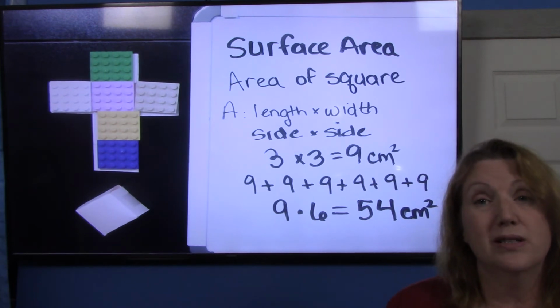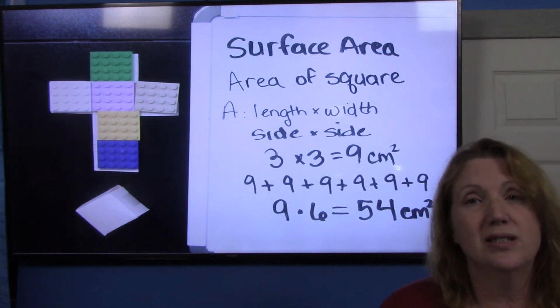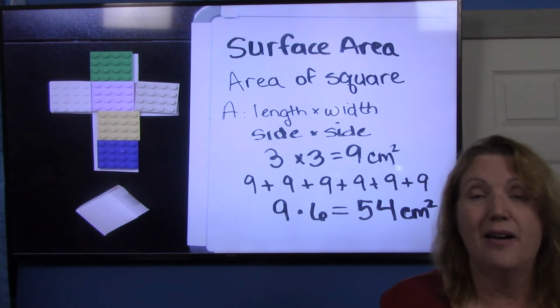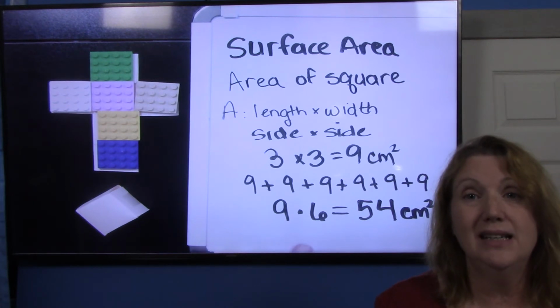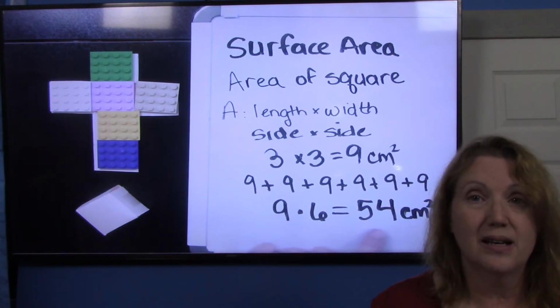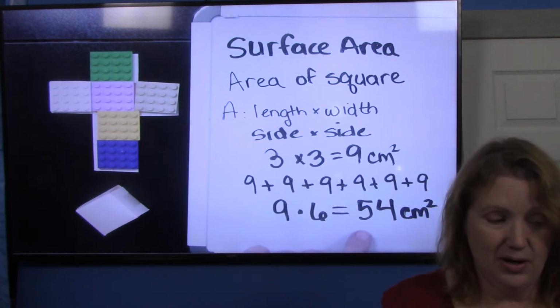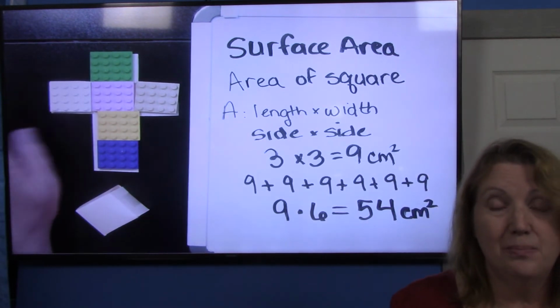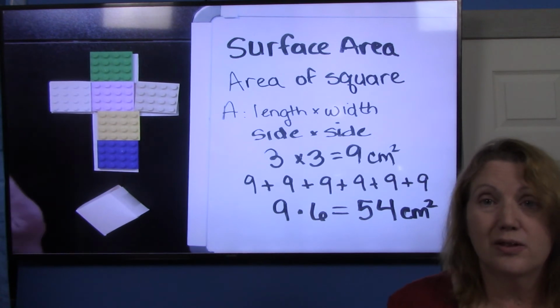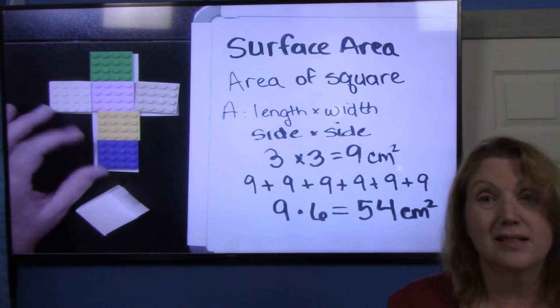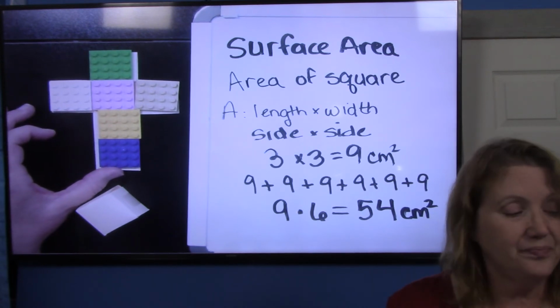So you would take a look at the paint can to figure out if you're going to have enough paint. You need to at least have 54 square centimeters of paint, okay? Now, sometimes it might be in feet, and then we would have to talk about how you convert that from feet to centimeters. But that's a lesson for another time.